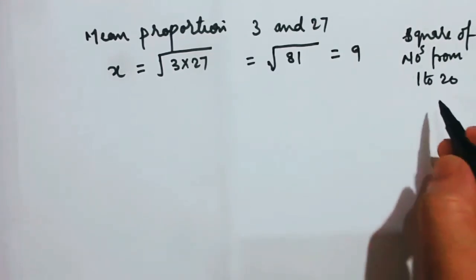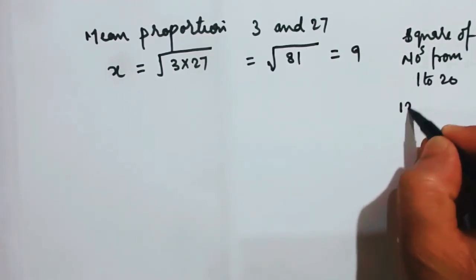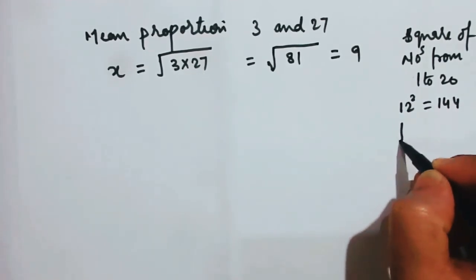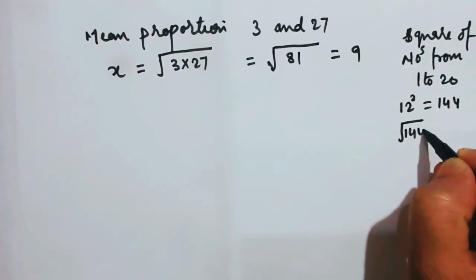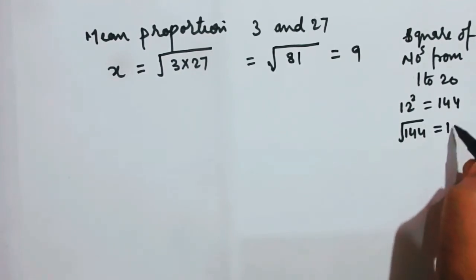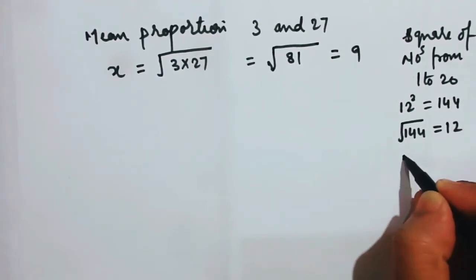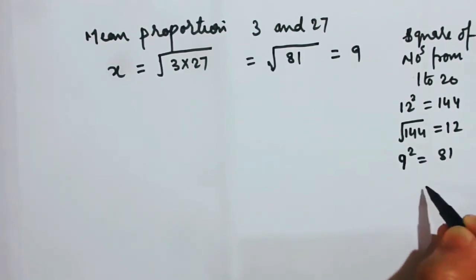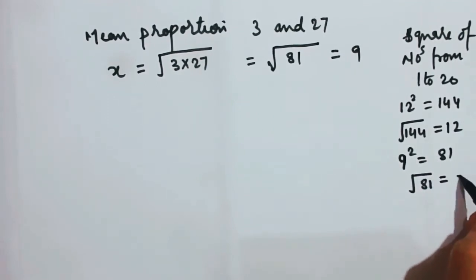For example, the square of 12 is equal to 144. Therefore, the square root of 144 will be equal to 12. Once again, the square of 9 is equal to 81. Therefore, the square root of 81 will be equal to 9. I hope you have understood this.